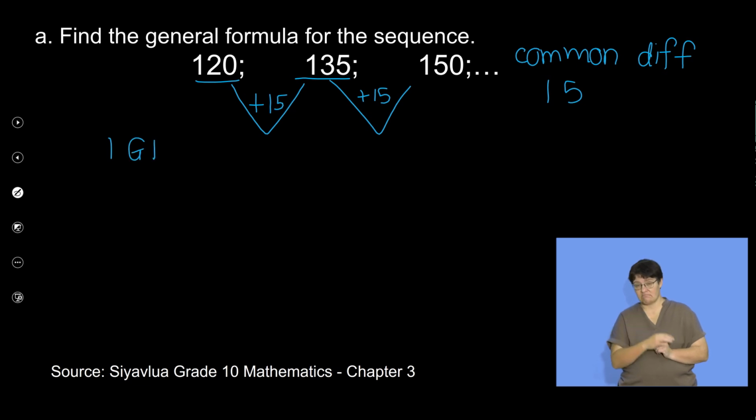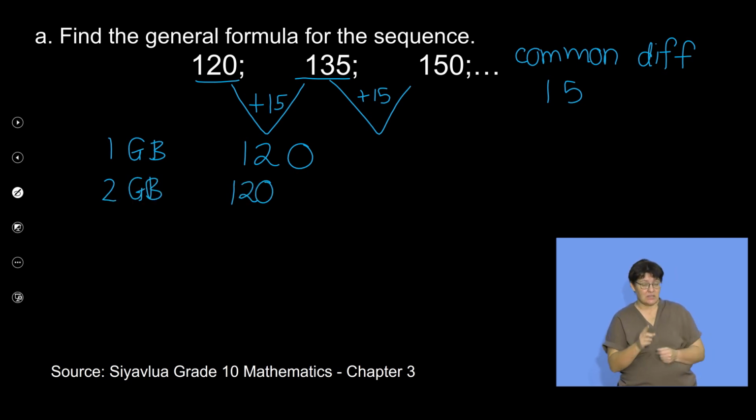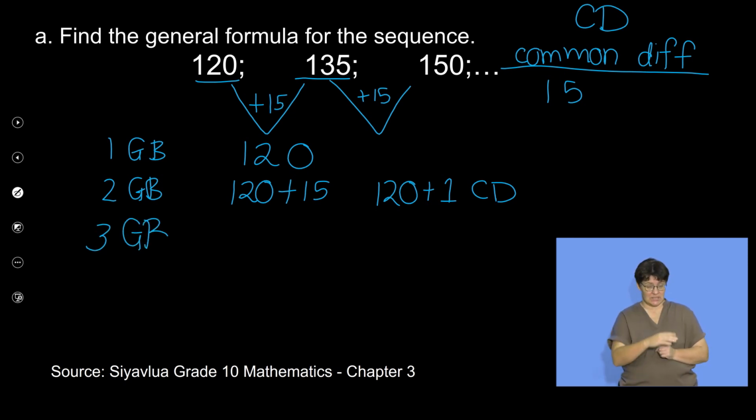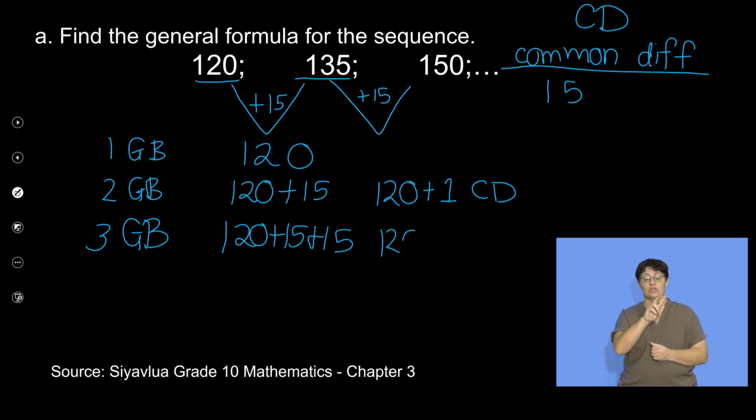So let's have a look. 1 gigabyte was 120 Rand. 2 gigabytes was 120 Rand plus 15. So I could actually say that's 120 plus 1 common difference. So I'm just going to write CD. That's what I mean by common difference, everybody. Then for 3 gigabytes, we're going to have 120 plus 15 plus 15, which is 120 plus 2 common differences.